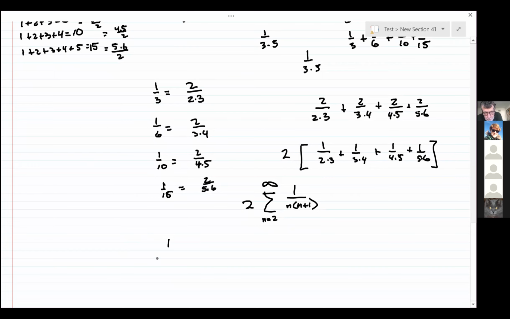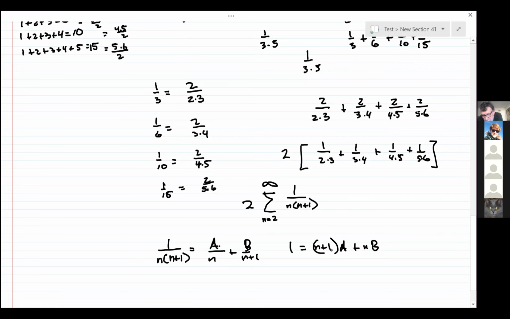So 1 over n times n plus 1 could be written as a over n plus b over n plus 1. We've seen this before. It's come up in this class, where a and b are constants. So if you multiply through by n times n plus 1, you get 1 equals a times n plus 1 plus n times b.